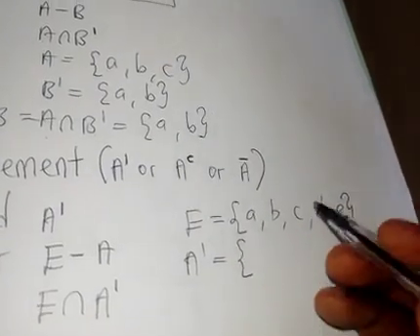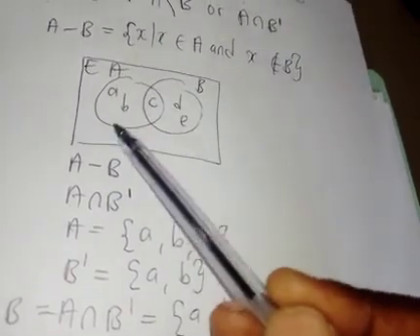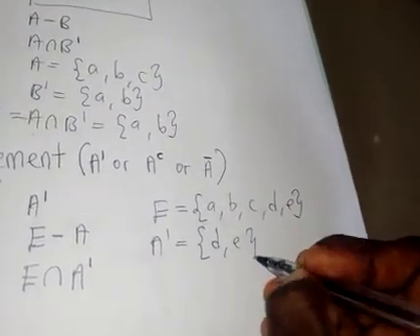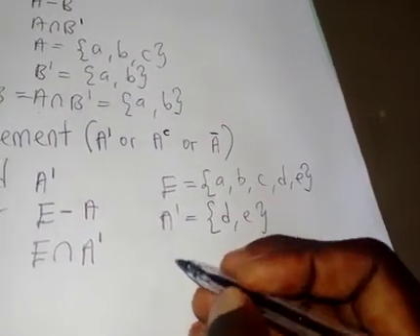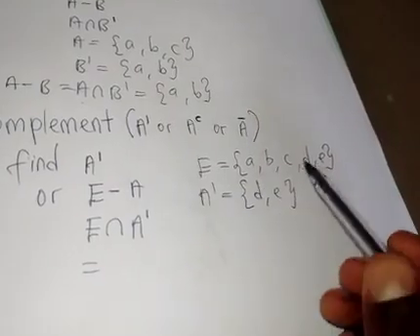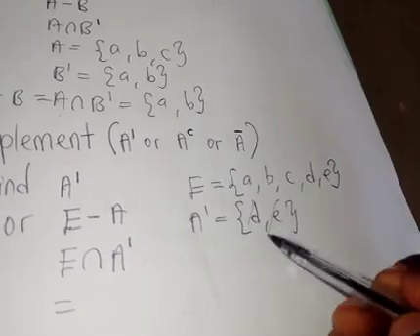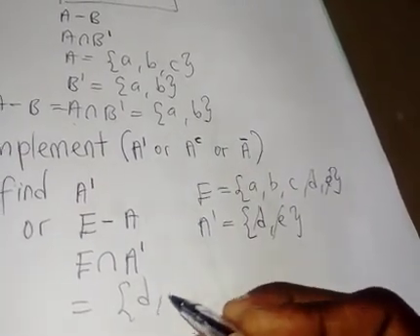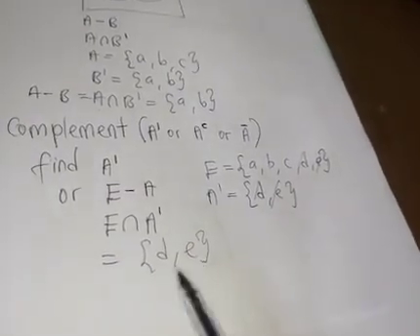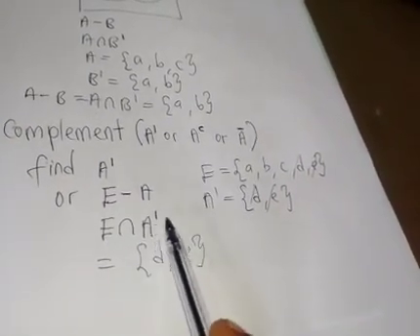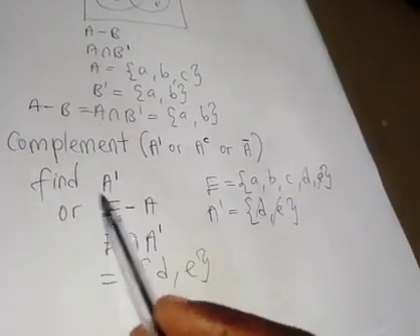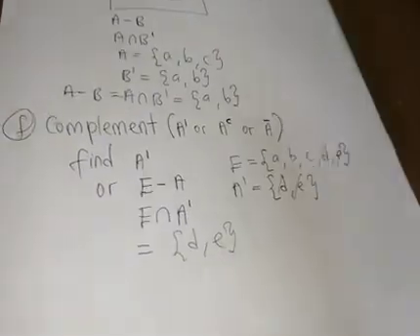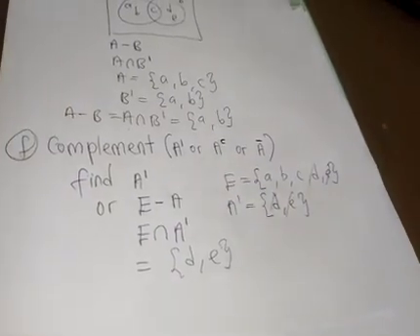To list A complement, simply get rid of A. If you get rid of A, we are remaining with D and E. Then what's the intersection of these two sets? The intersection is D and E. That's the universal set intersect A complement. Or simply going direct, you still get D and E. So that's the notation for the complement of a set.